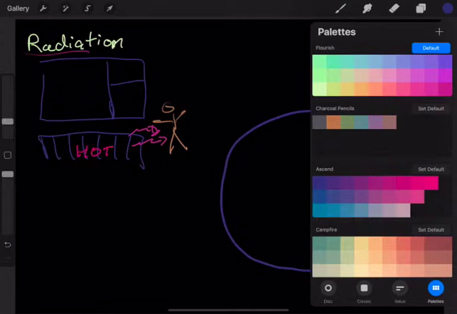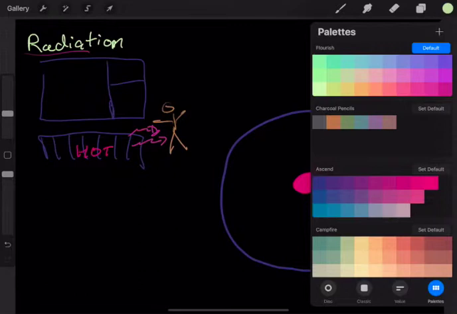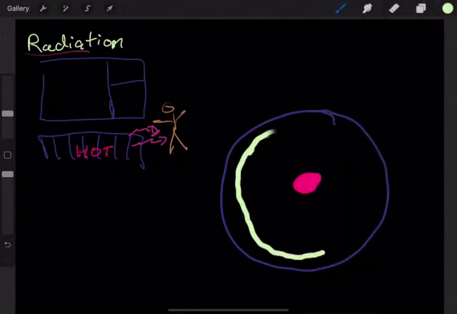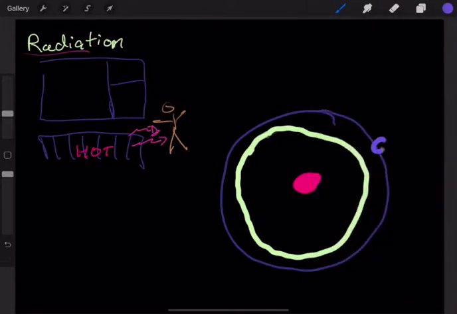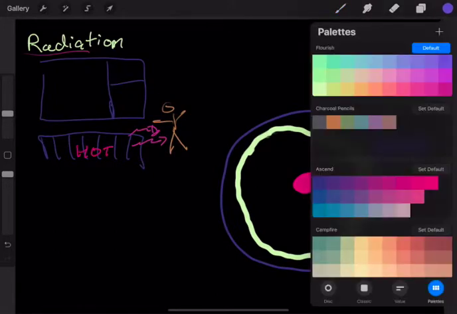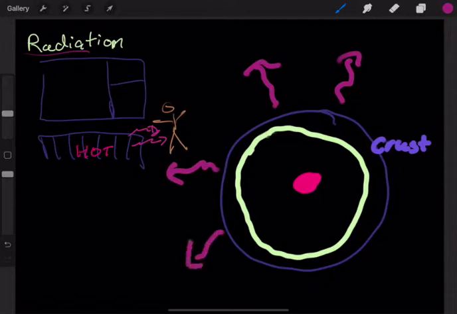So now we've moved the heat through convection, through the mantle, to the crust of the Earth, and now that heat is going to radiate out into space, because space is a lot colder than the crust of the Earth.